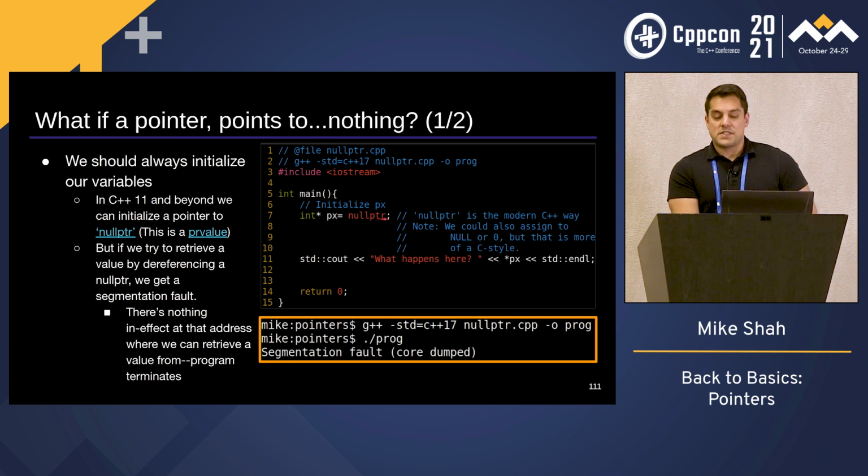And dereferencing a null pointer or something that doesn't point to anything actually gives us a segmentation fault or an error, right? We're trying to access something that we don't own. So the safest thing for my machine to do is to crash at this point, and you get a segmentation fault.